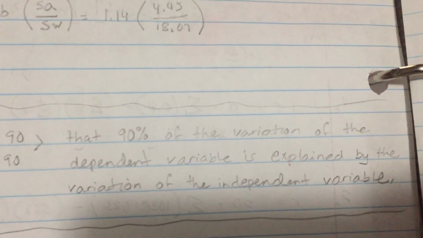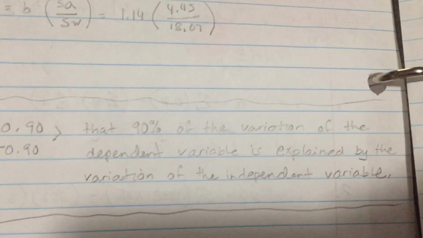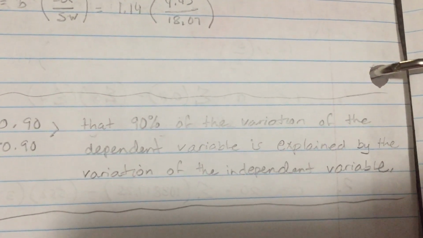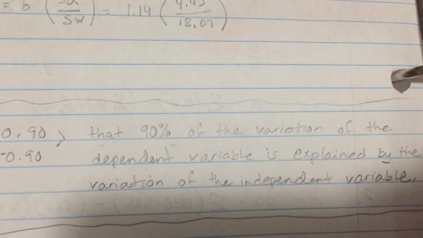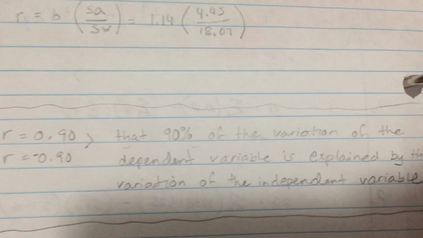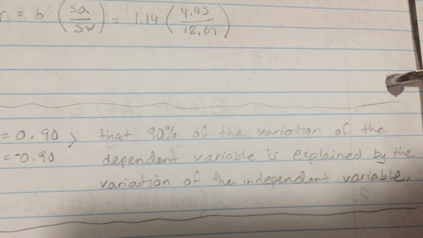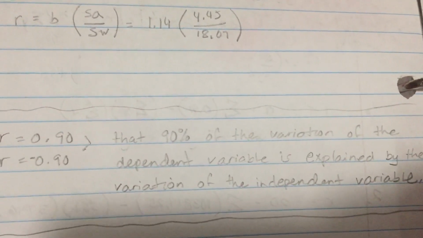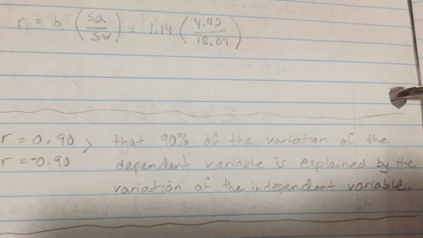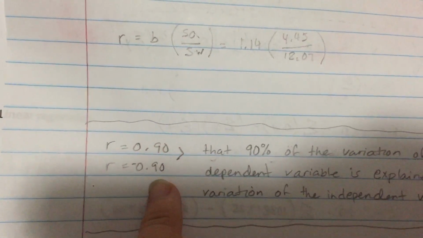It means that 90% of the variation of the dependent variable, which in our case would be the weight, is explained by the variation of the independent variable, which would be the age. And it doesn't matter whether it's a positive 90 or negative 90, they basically mean the same thing.